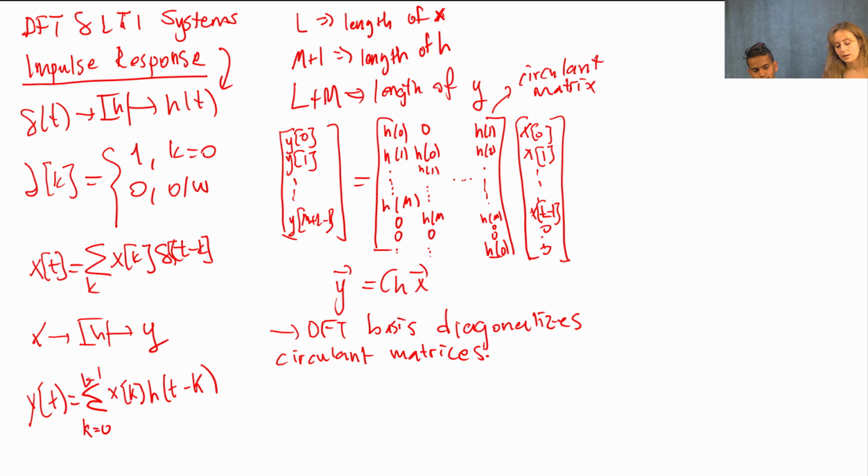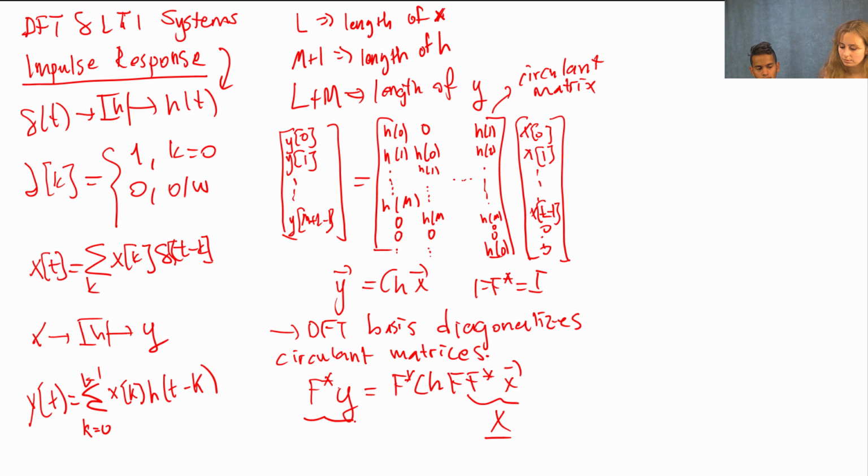The way you figure that out is, if I left multiply the equation by f star, I get f star y, f star C_h, and I know f star f is the identity, so I can just say f star x. This is the frequency representation of x, this is the frequency representation of y, and this turns out to be a diagonal matrix, which is super useful.